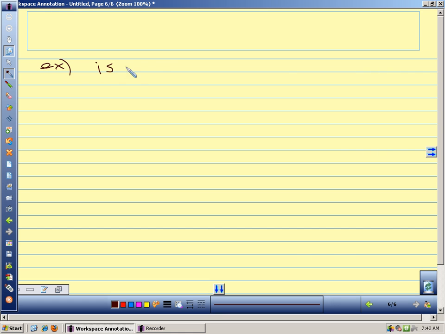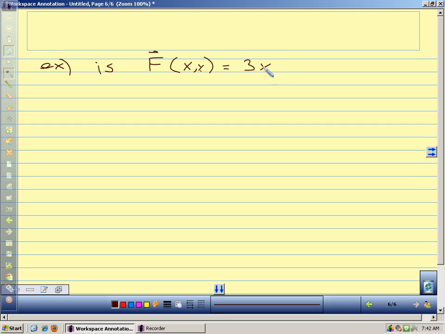We want to know, is this vector field 3x squared y squared i plus 2x cubed y j conservative? And if so, find a potential function.